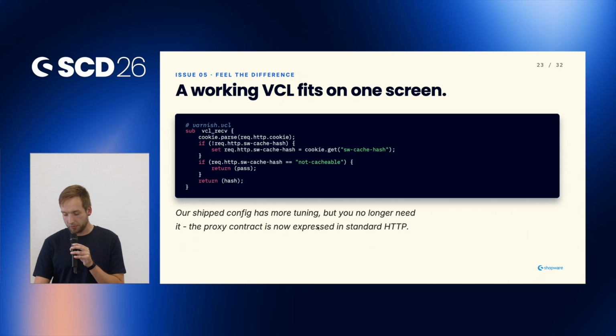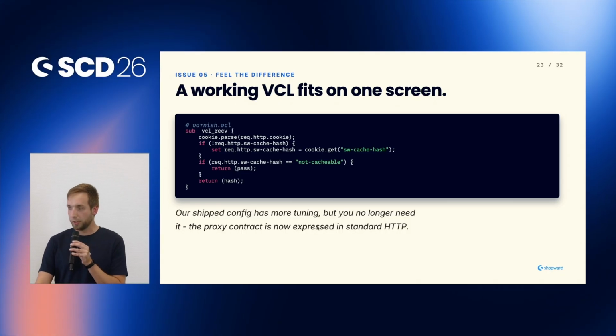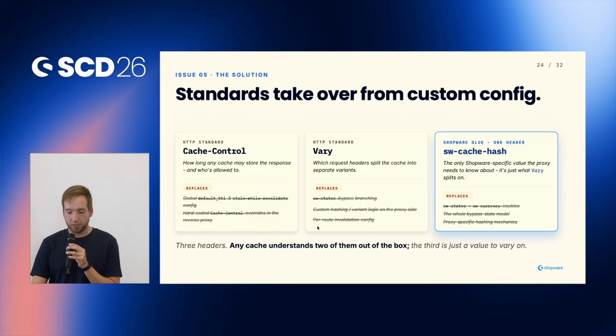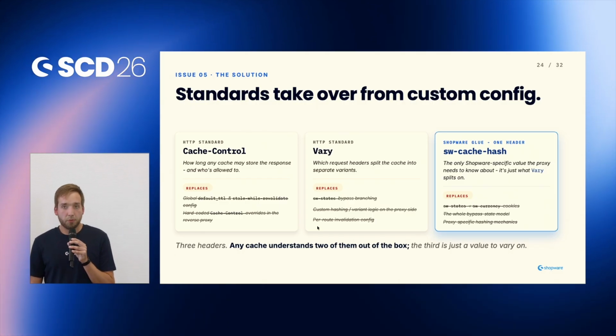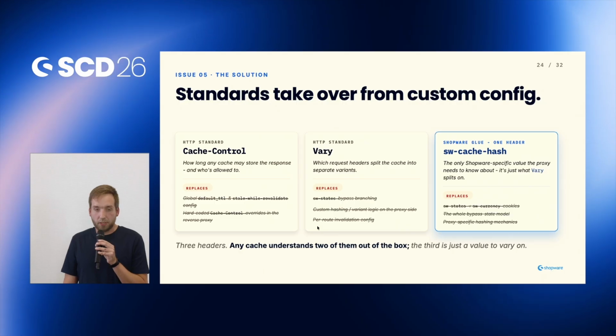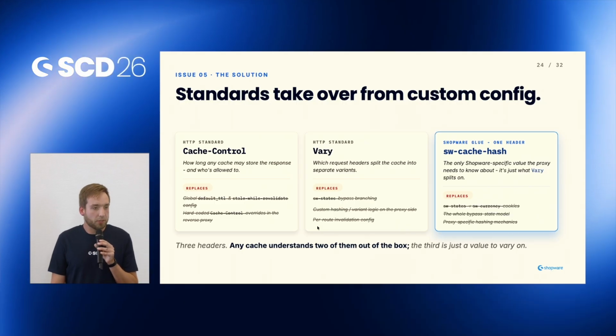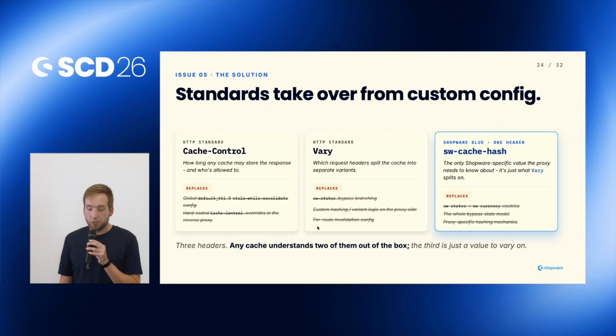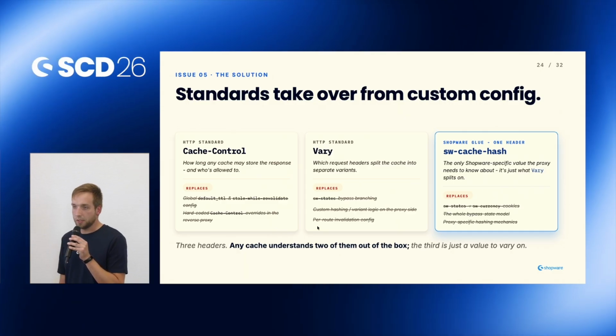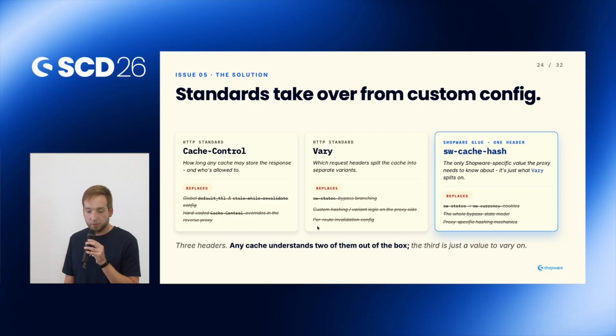But again, our real production-grade Varnish configuration is still a bit more advanced. How were we able to trim it down? Basically by relying on HTTP standards, mostly Cache-Control, as Andre already explained, and then also using the Vary header that is already supported by our reverse proxies.